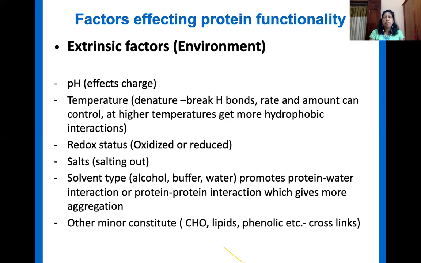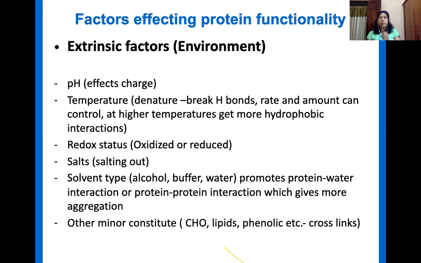The other one is other minor constituents: carbohydrates, lipids, phenolics, because those things are available in the system. Side chains are always happy to link with other molecules.